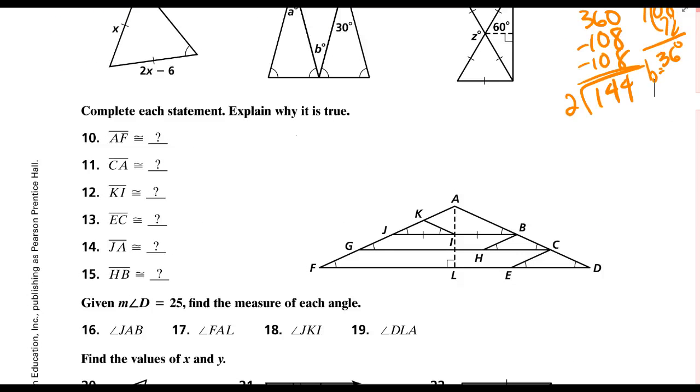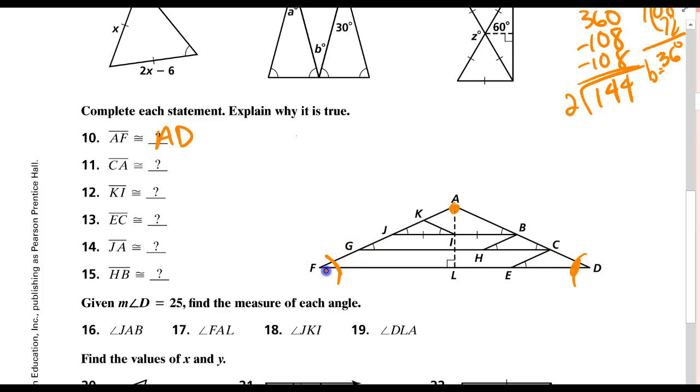Now we get to complete the statements. Number 10. AF, A to F, is congruent to AD. And that's because this angle was congruent to this angle.